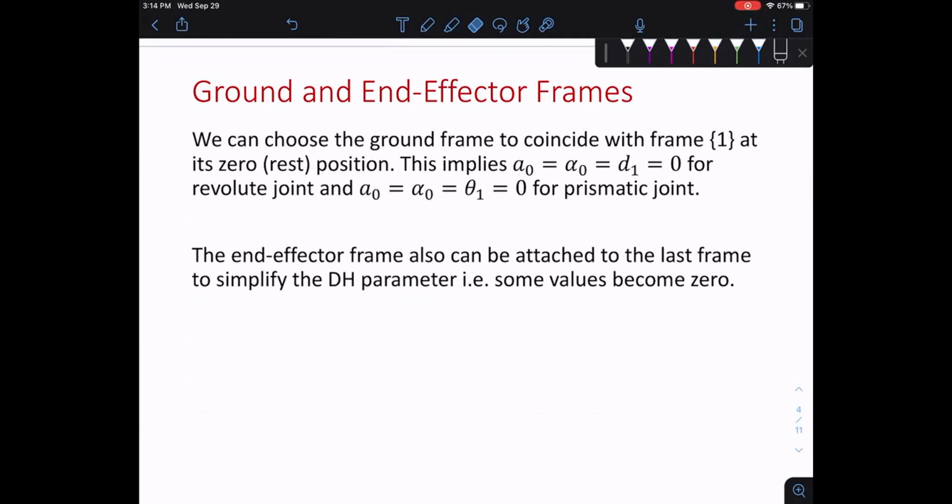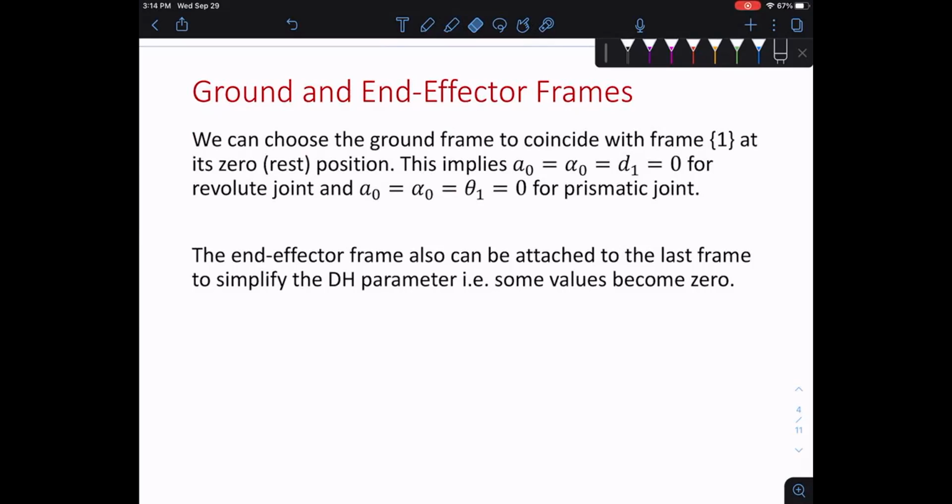To make our life easy, we put that frame where your last frame is, or somewhere close to that. For the ground frame, we will also try to put it where the first frame is, for the first joint. Those skinny or dashed lines show that these are on top of each other. That's a convention just to make our life easier.